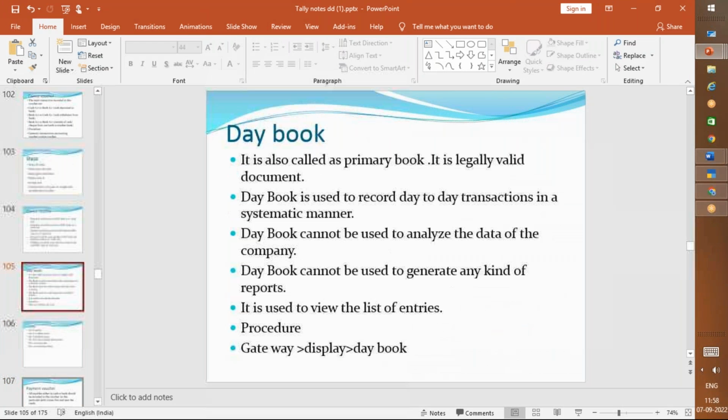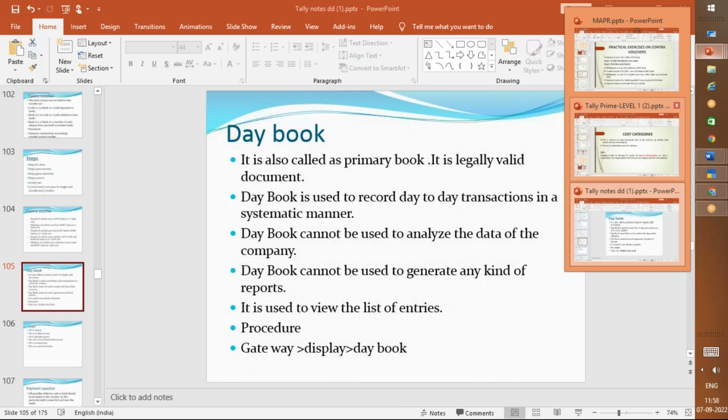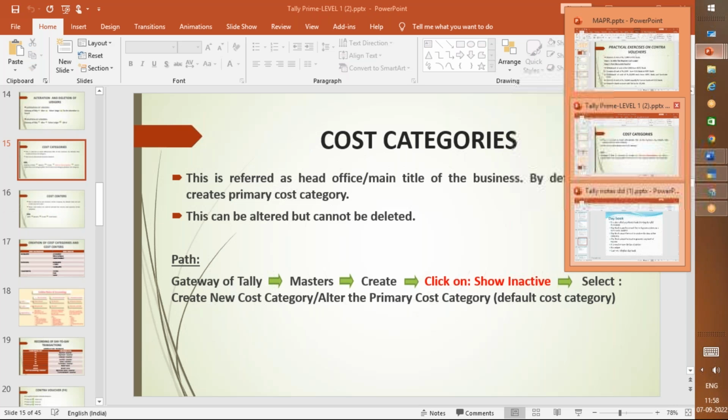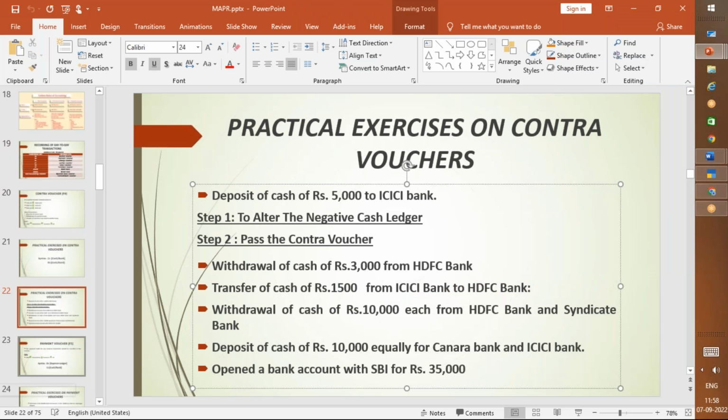So we went through daybook, but I believe I did not give you any notes on daybook. So you can just take down the heading as daybook. Daybook.